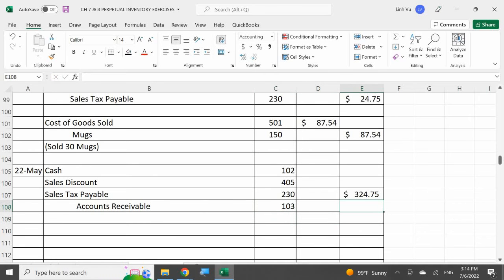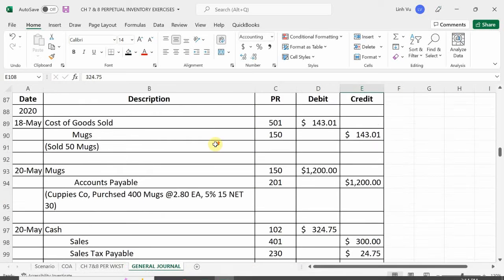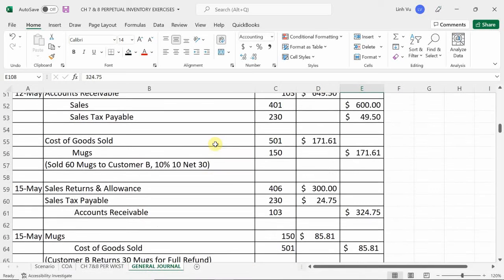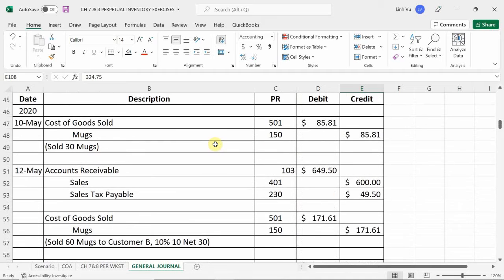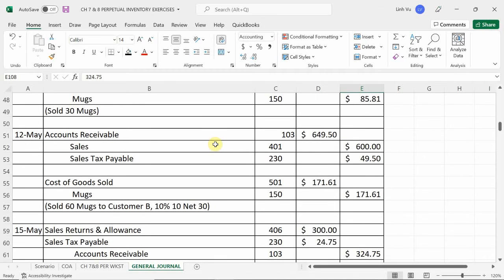So accounts receivable is this one. They owe me $324.75. Let's take a look at how much we actually sold to them. On the 12th, we sold customer B 60 mugs at $10 each.